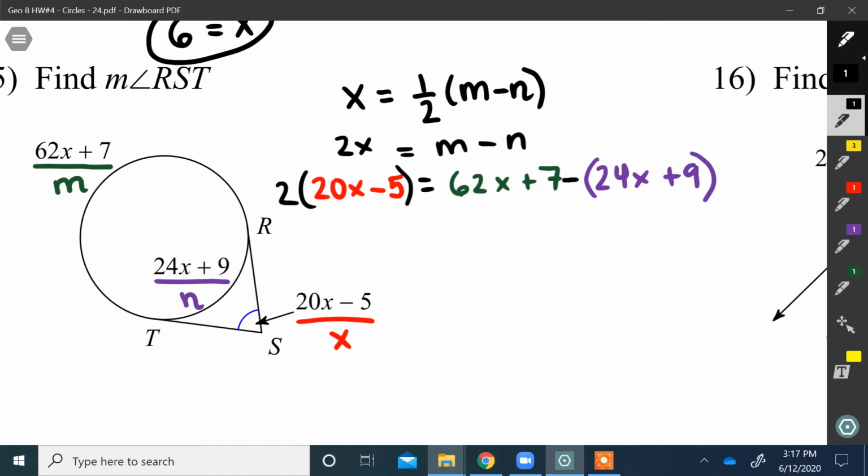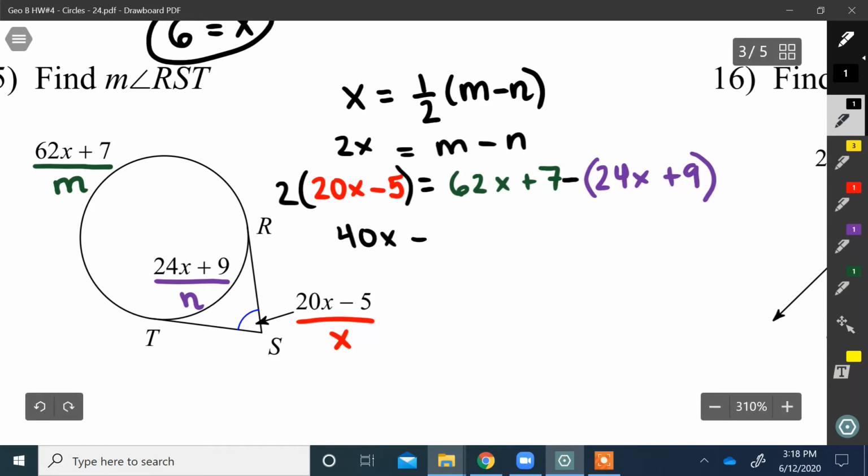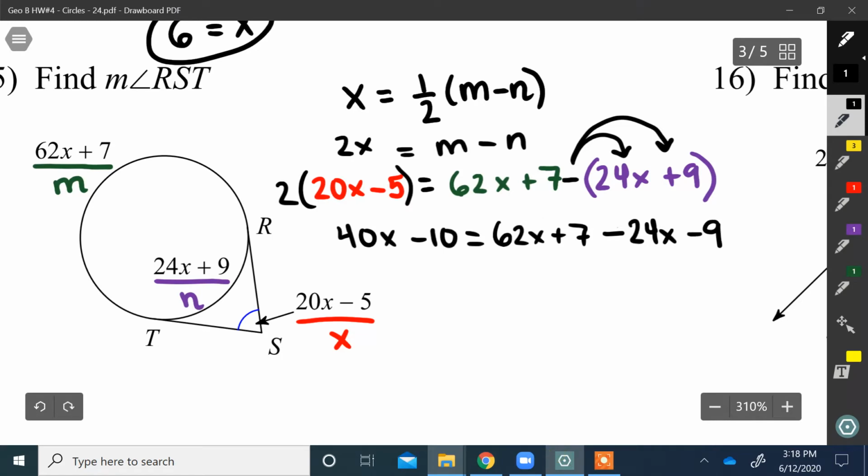All right, so now we're going to distribute. 2 times 20 is 40x minus 10. And then we're going to distribute that negative right there. Okay, see how that 9 becomes a negative? That's important in this round.